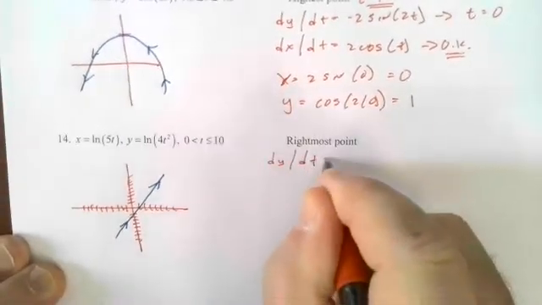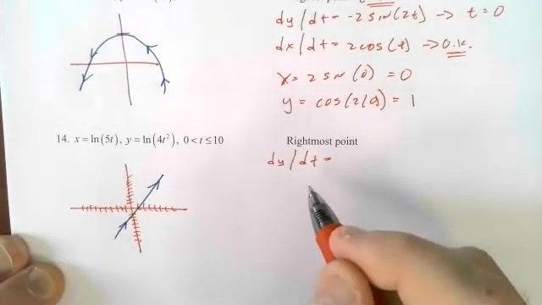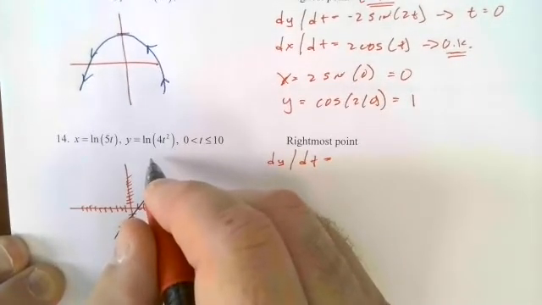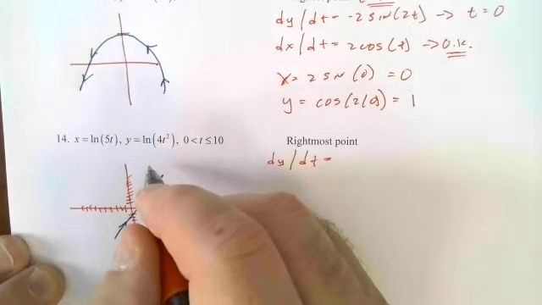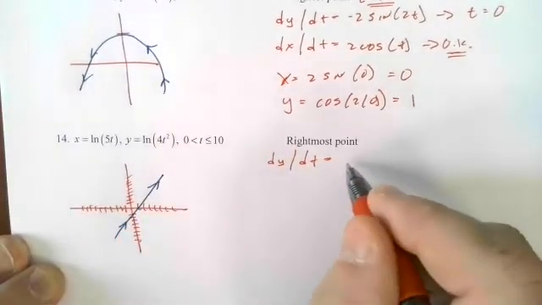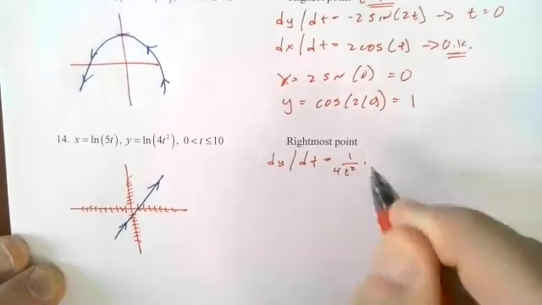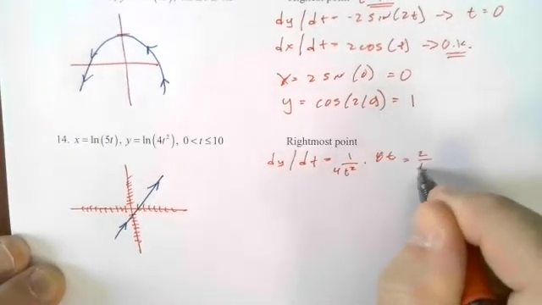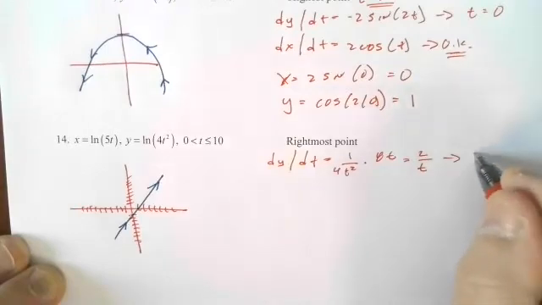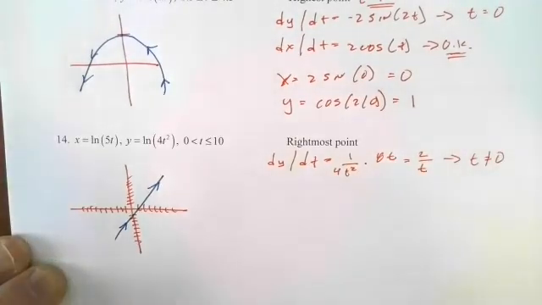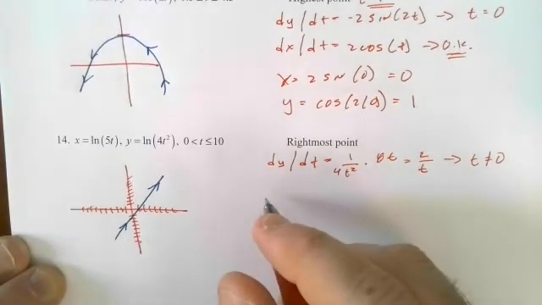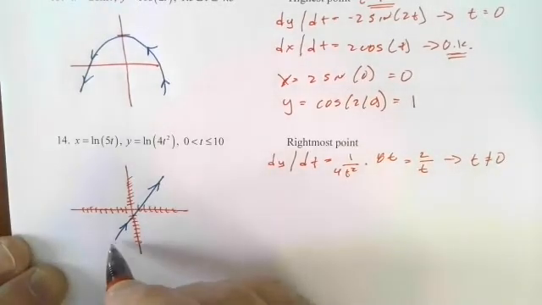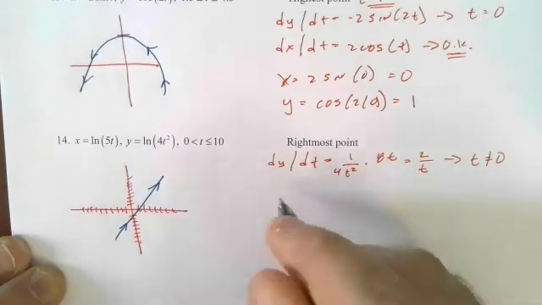They want the rightmost point. dy/dt equals one over 4t squared times 8t, which is 2 over t. t cannot equal 0, so there's no max or min. Yeah, that's what we see. Do I need to do dx/dt? No, there's nothing to check. The rightmost point, assuming it's going up to the right, which it is, is at t equals 10.